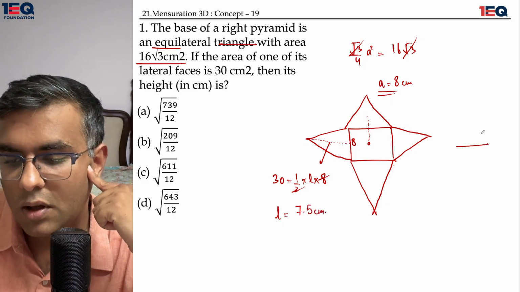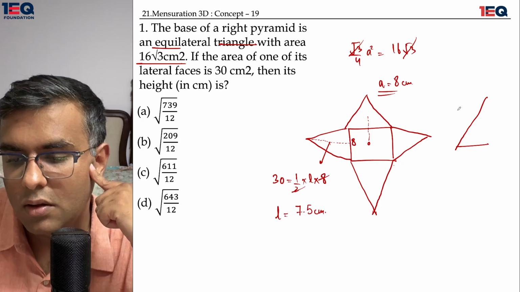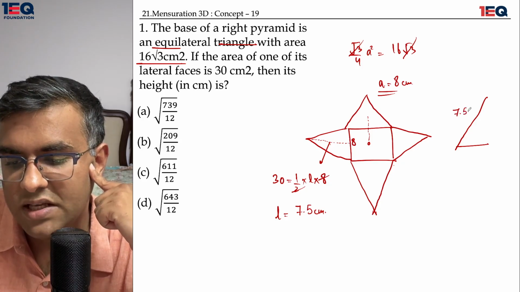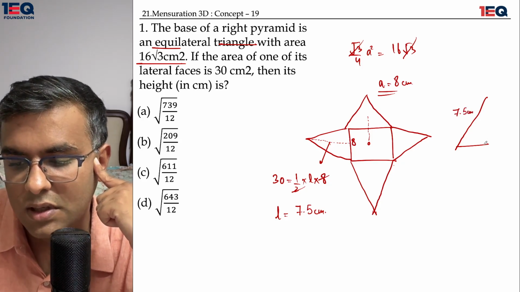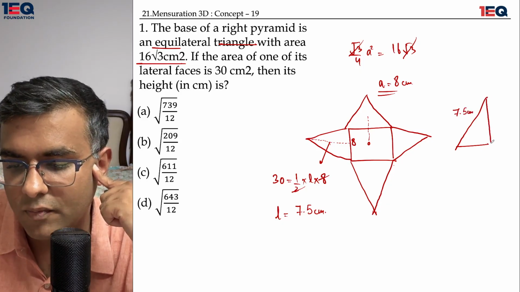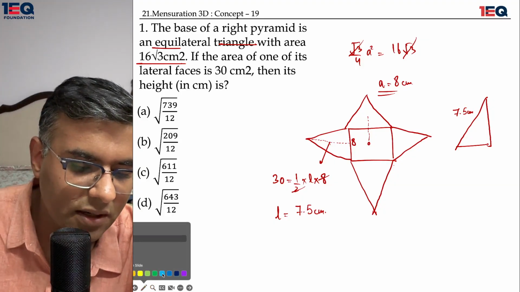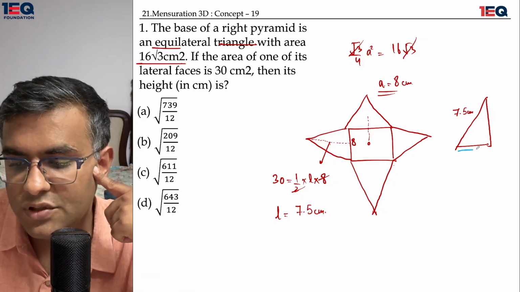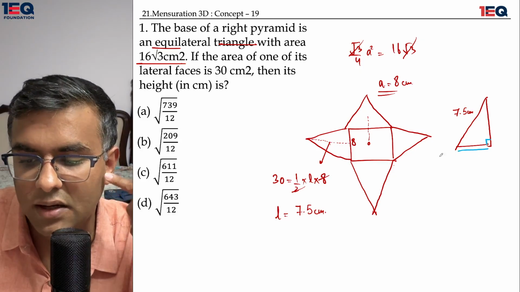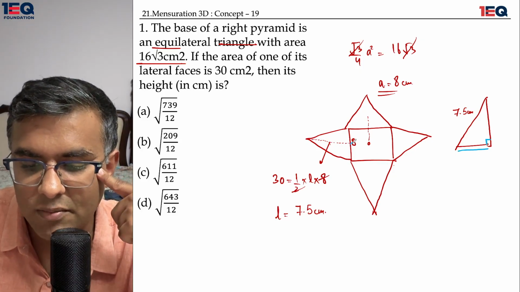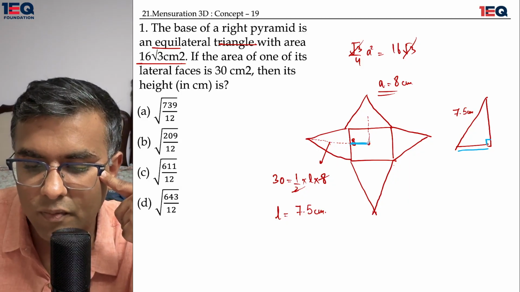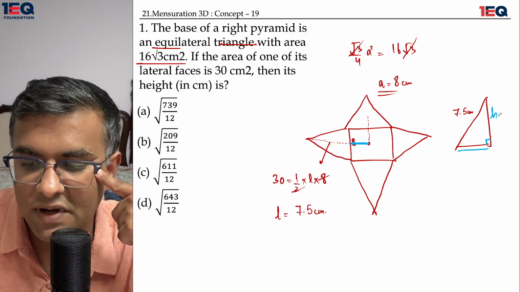Now this is 7.5 centimeters till the center. This baseline which you see over here is a right angle triangle. This height is the one which we have to find out.